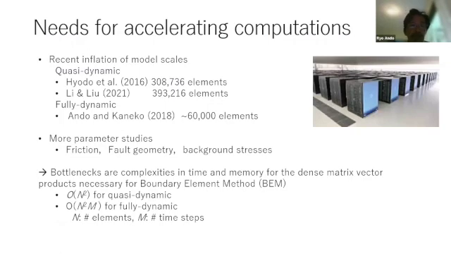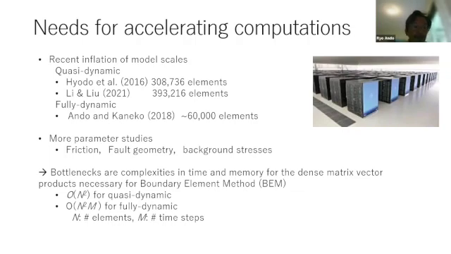All right. So, needs for acceleration of computations. The recent inflation of model scales could be the reason for accelerating the computation. Hyodo, Lee and Lu treated 3,000 elements for the quasi-dynamic simulations.